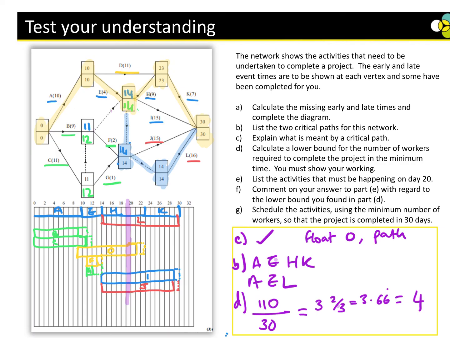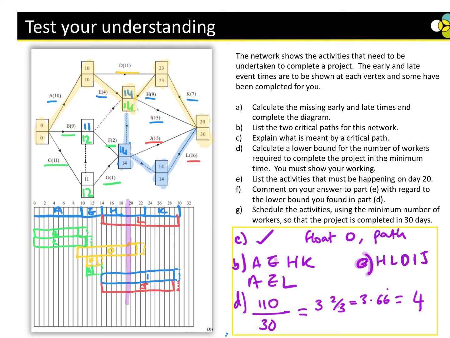H, L. What else needs to be happening? D, I, J. So we can see here that the activities A, B, C, D, E that definitely need to be happening are H, L, D, I, J.